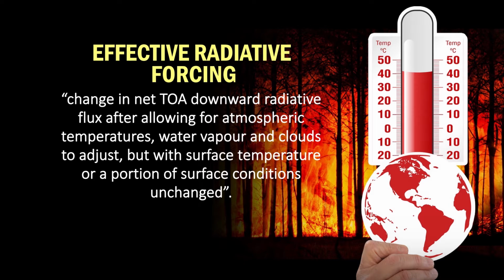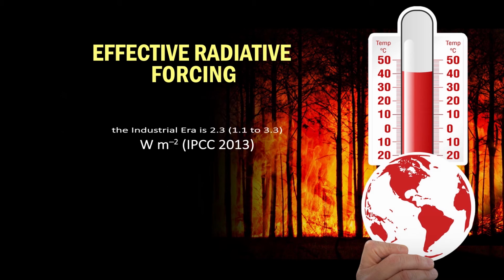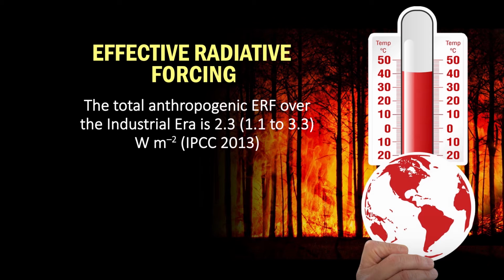So the total anthropogenic effective radiative forcing over the industrial era is around 2.3 watts per meter square. It's a significant amount, because that is how we have quantified the human actions.